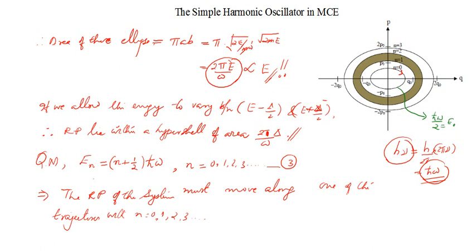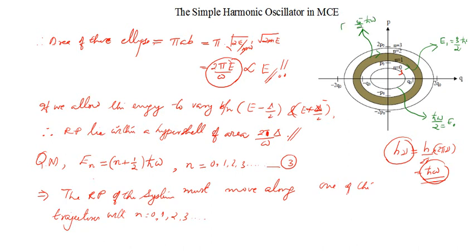After E0, the next trajectory corresponds to n equal to 1. The second phase space trajectory has energy E1 equal to 3 by 2 h cross omega. The third trajectory shown here has energy E2 equal to 5 by 2 h cross omega.